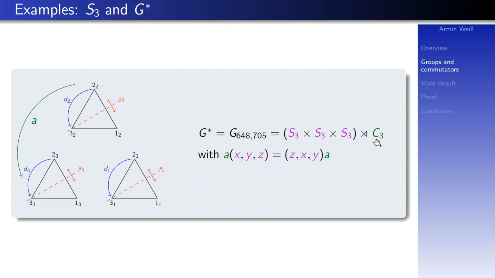Here the semi-direct product is defined with this shift multiplication. If we conjugate by A, it means that we shift the different components. We can view this group as a permutation group over 9 elements. The S3 each permute 3 elements each, and then this A permutes these whole sets of 3 elements.